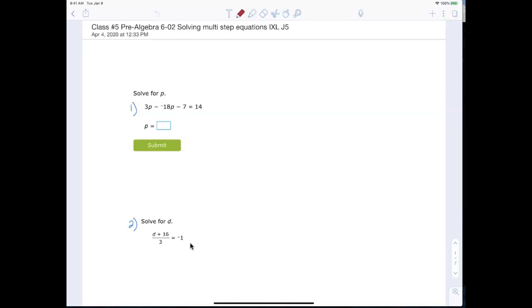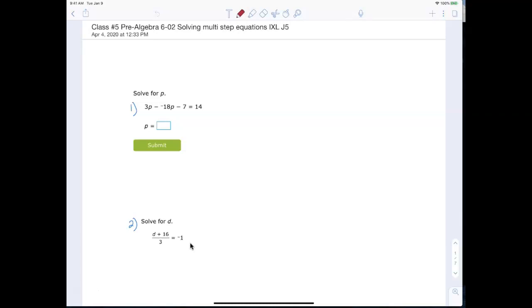All right, so I'm going to work on multi-step equations today, which is J5, and then I'm expecting you guys to submit this, follow the notes with me. I want all the work shown out, and then just jump on and do J5, and J5 should be easy because I'm going through a lot of it. All right, so multi-step equations, here we go.